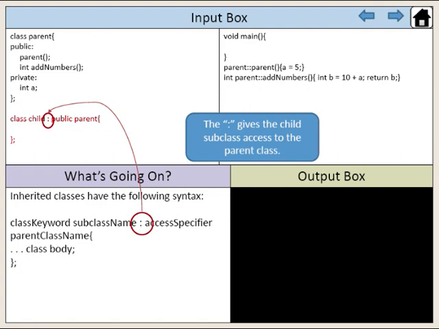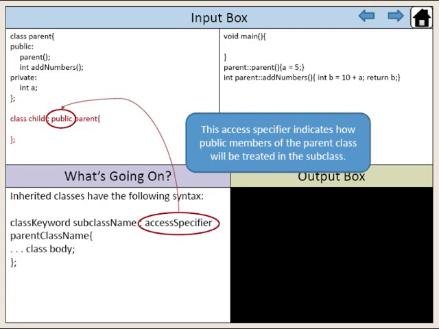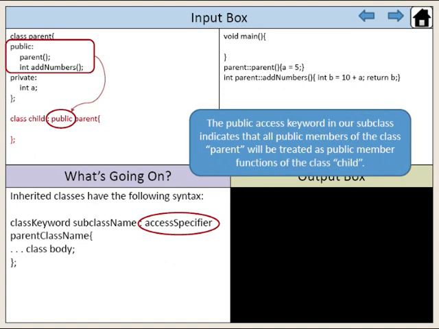Next is the access specifier. This access specifier indicates how public members of the parent class will be treated in the subclass. The public access keyword in our subclass indicates that all public members of the class parent will be treated as public member functions of the class child.